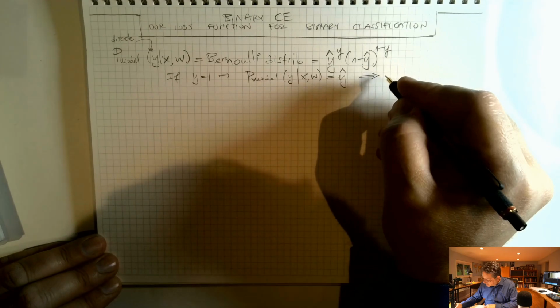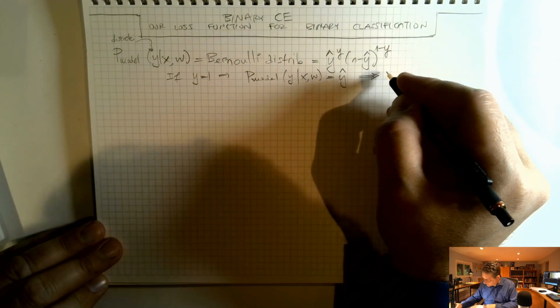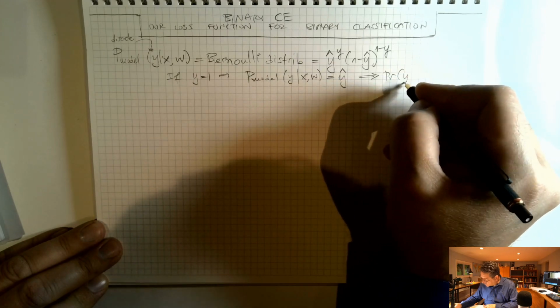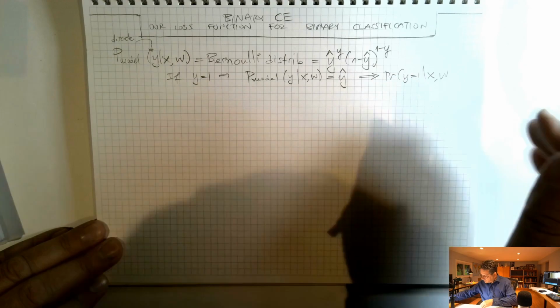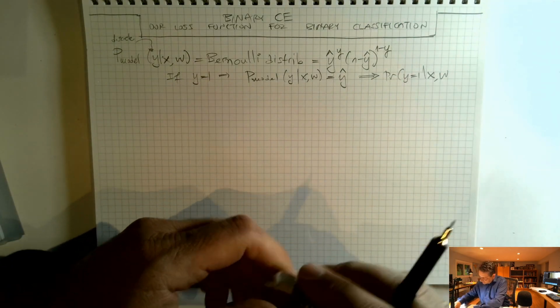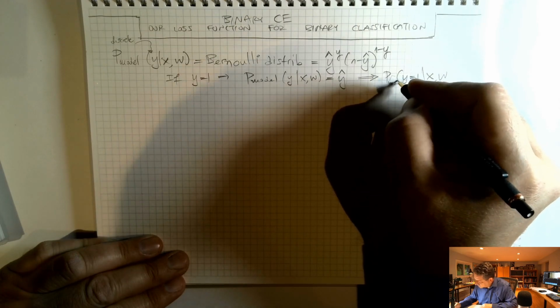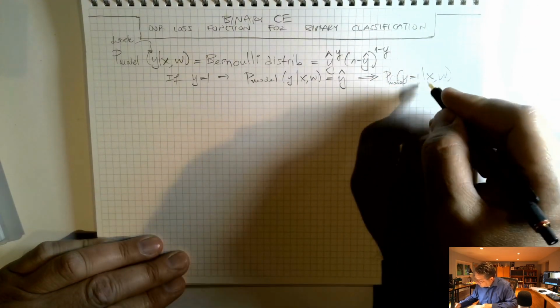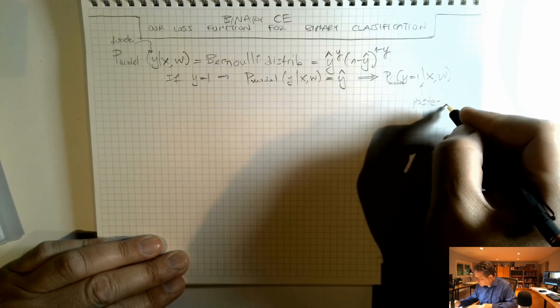I'll be calling this probability when y is equal to 1, the probability of y equal to 1 given x, comma w. In fact, I can write it as p-model. And this is actually going to be called the posterior probability.